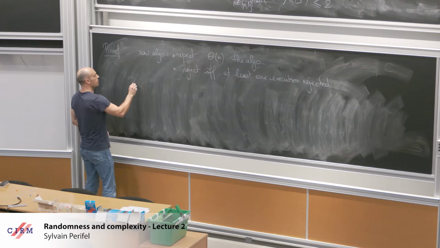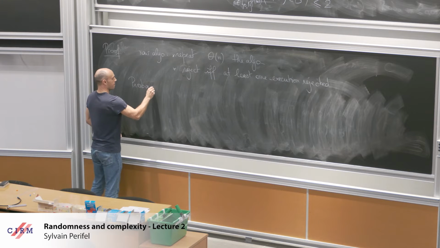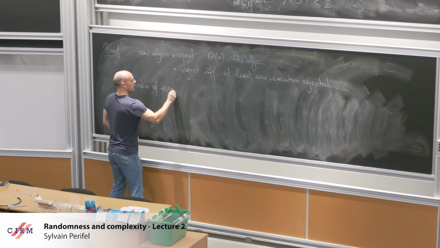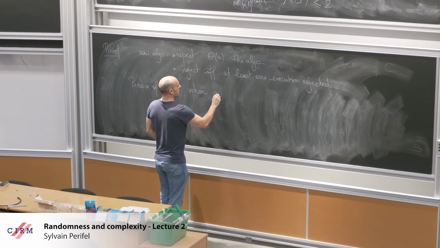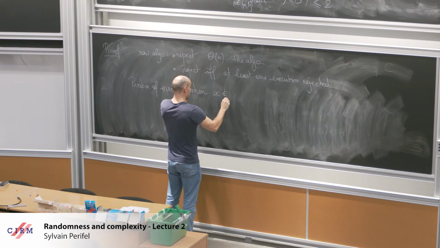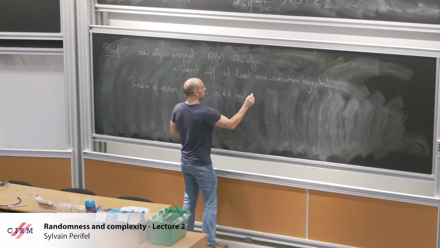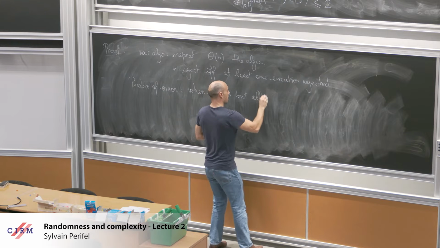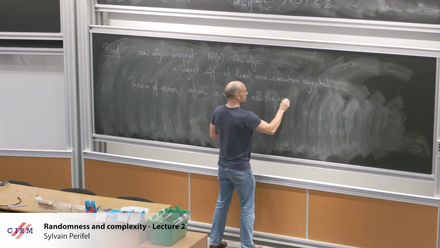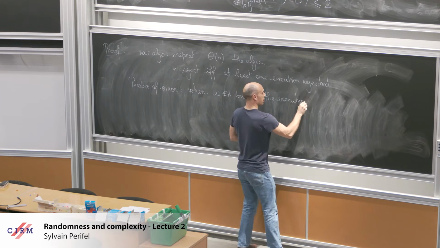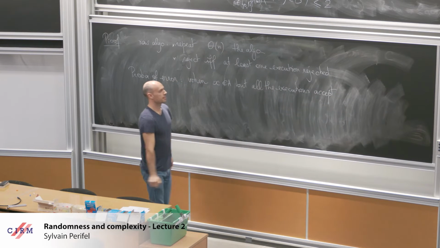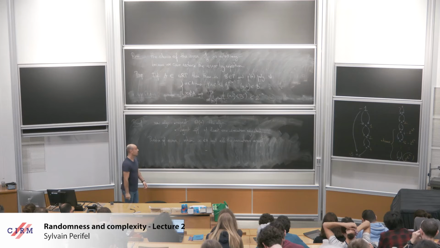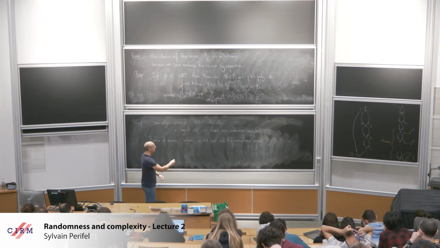So the probability of error is when X is not in the language, but all the executions accept. Okay, what is the probability that it happens?